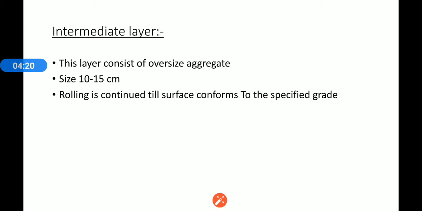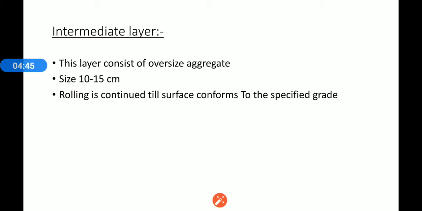Next step is intermediate layer. If the total thickness necessitates, an intermediate layer is provided between the wearing surface and rolling and soling. The layer consists of oversized aggregate, the size of aggregate 10 cm up to 15 cm.